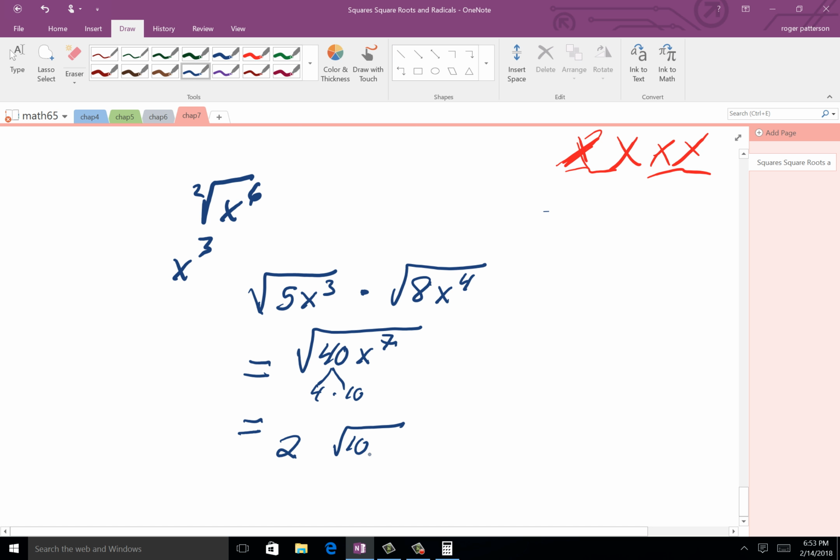10. Now, let's deal with the 7, right? Little 2 on the outside here. It's not there, but it's there. So what's that going to look like? On the outside, we're going to have 2x to the what? 3. 2 goes into 7 3 times. How about on the inside?